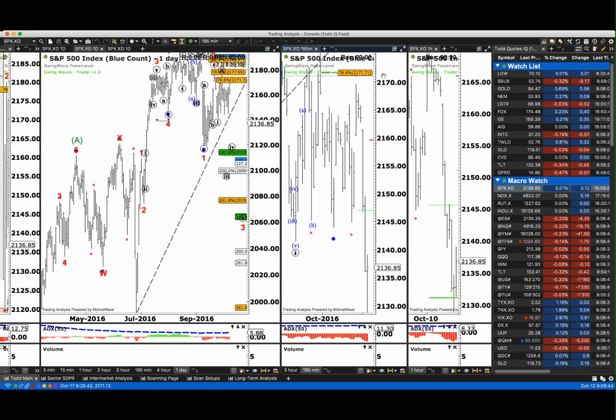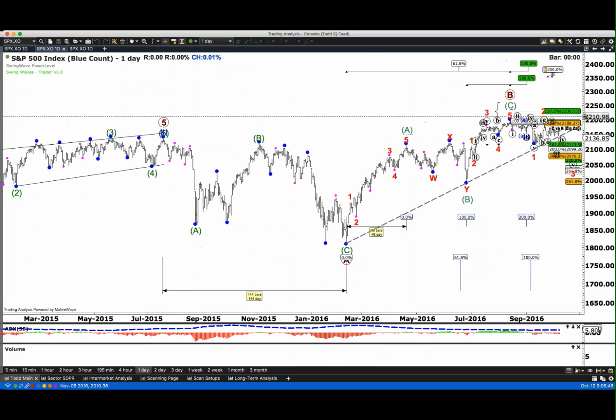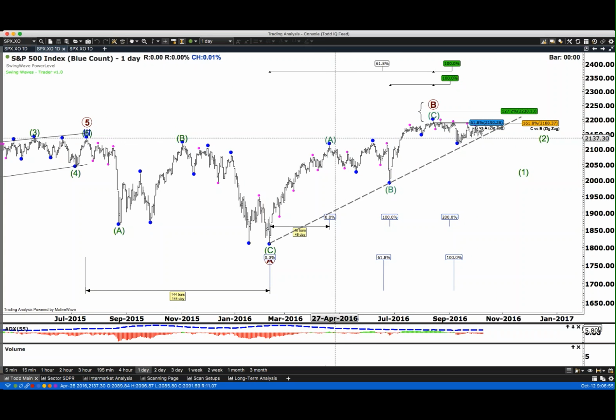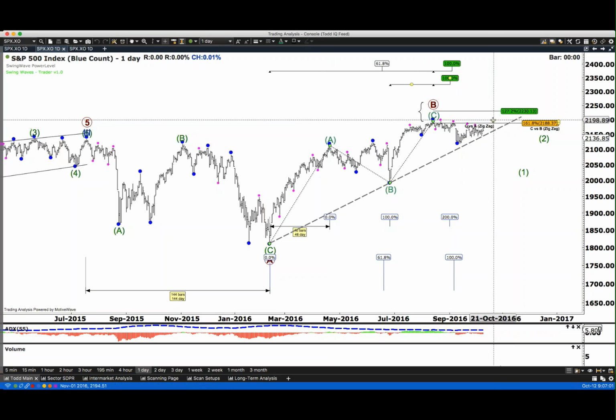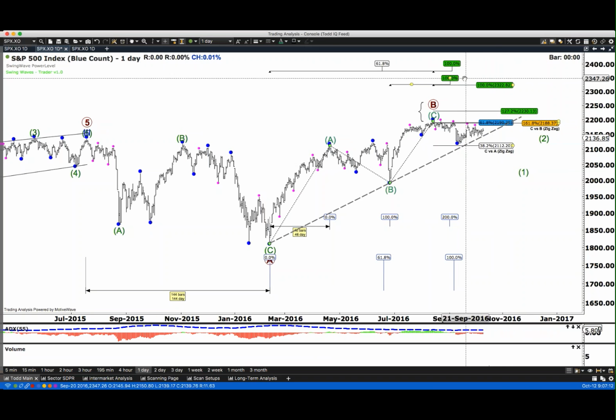If you shift over to the S&P, whereas this C wave did a 100% Fibonacci projection compared to A on the NASDAQ, the S&P, which has been a weaker index because technology has been leading us up over the last month or two, only went into a 618 projection of C versus A. So whereas the NASDAQ made it all the way up to the 100%, which equivalent would be 2322, S&P only made the 618.